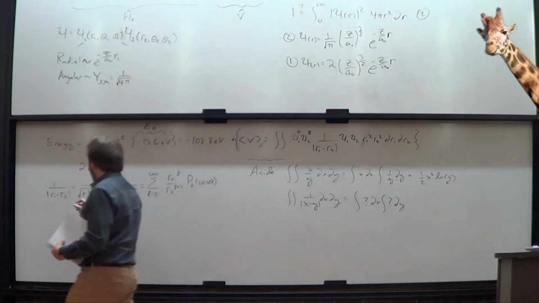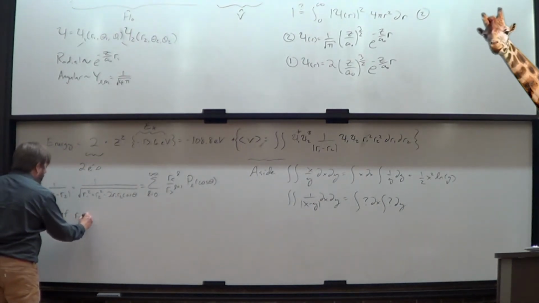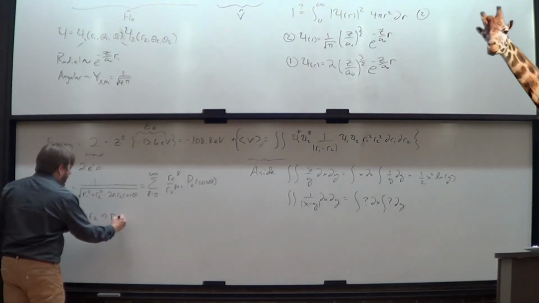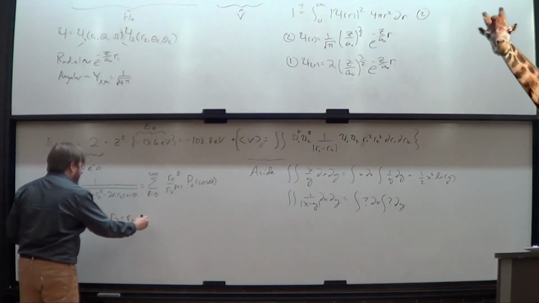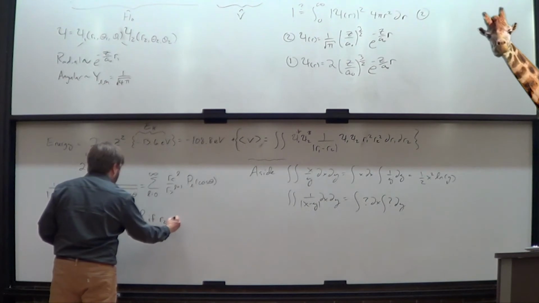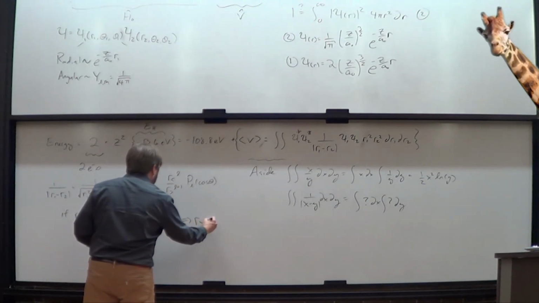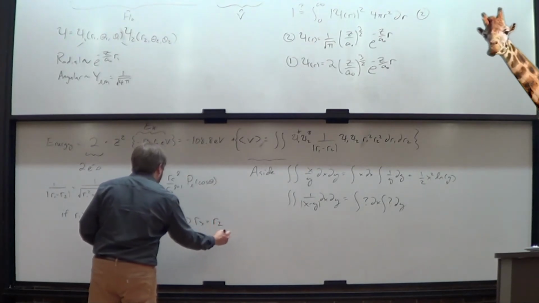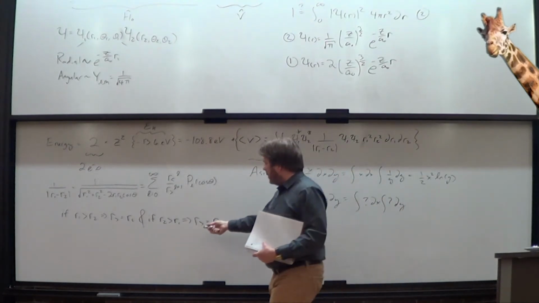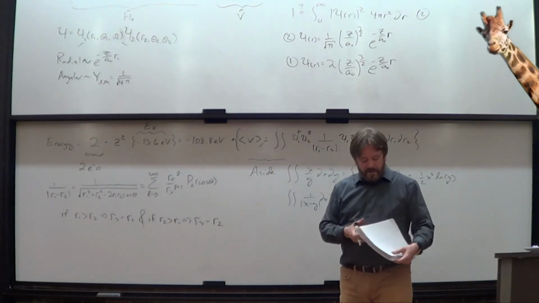If R1 is greater than R2, then R greater is R1. And if R2 is greater than R1, then R greater is R2. Okay, so it's obvious, right? And then R less would be R1. All right, so that's relatively straightforward.